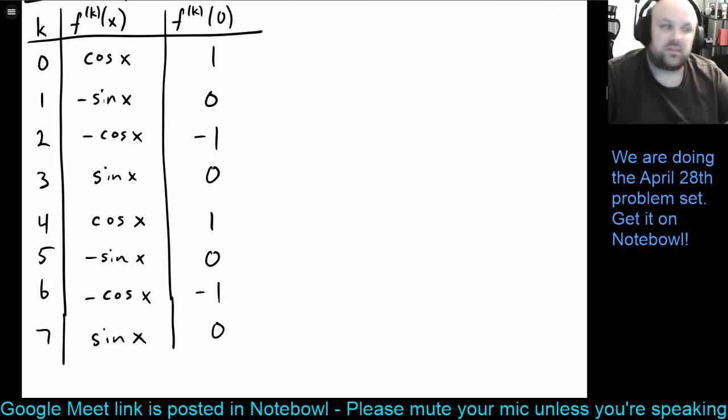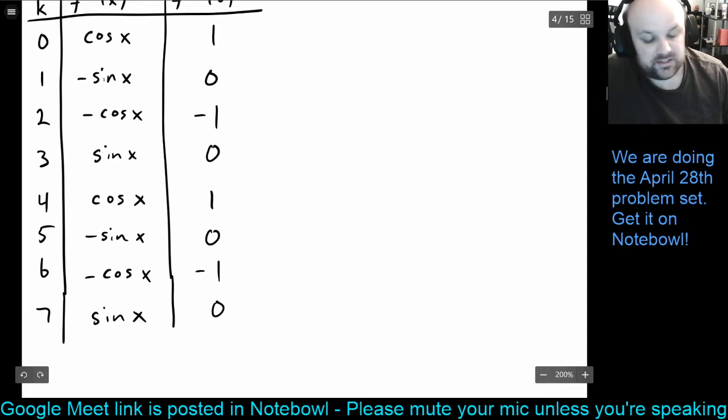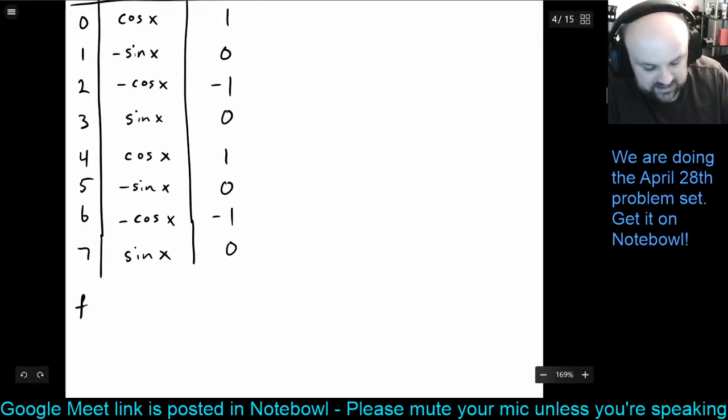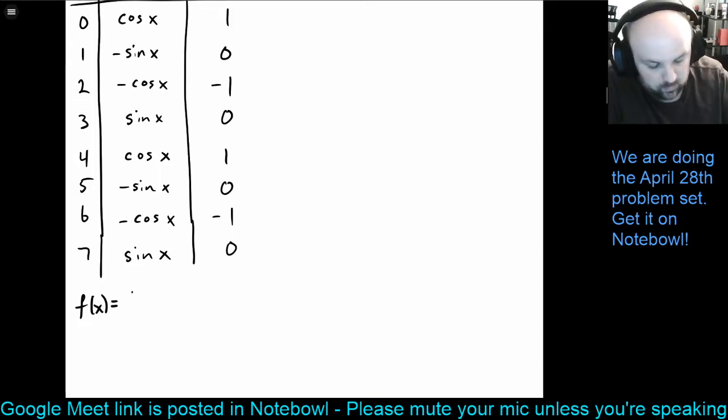So, again, what I highly recommend here is just writing out the Maclaurin series first and then getting rid of anything that's 0. So in this case, f of x equals 1 plus 0, right?